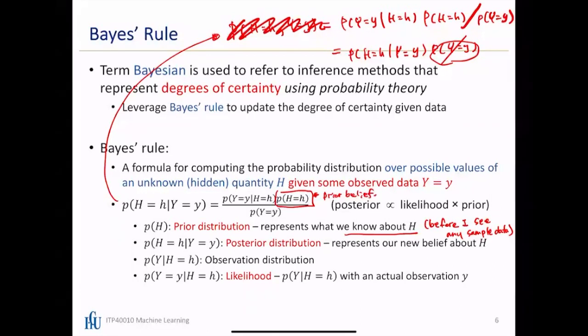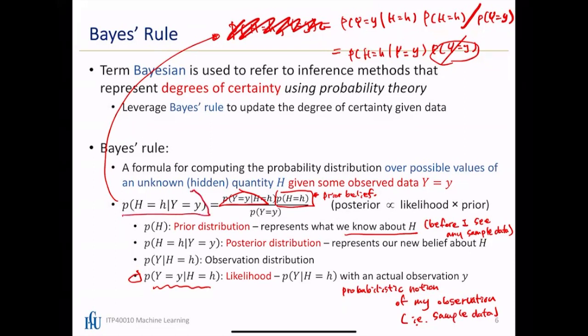And I have seen some data. So the term in the middle represents the probabilistic notion of my observation. And eventually you will get to what you have on the right-hand side.